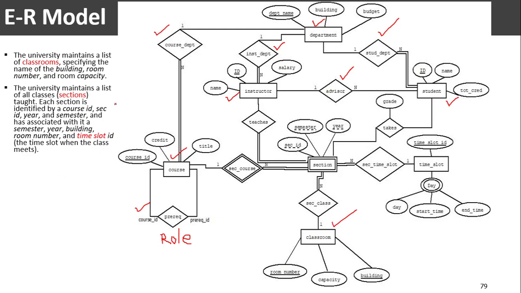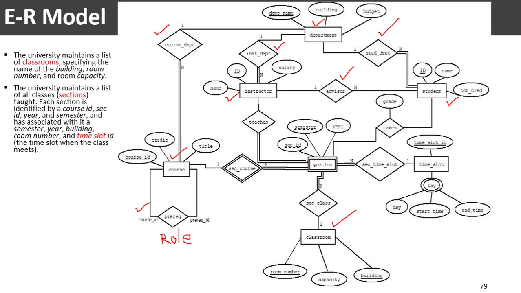So see here, lots of information is being provided. Section can be treated as a separate entity set, but as we have mentioned, section is identified by a course ID, section ID, year and semester.